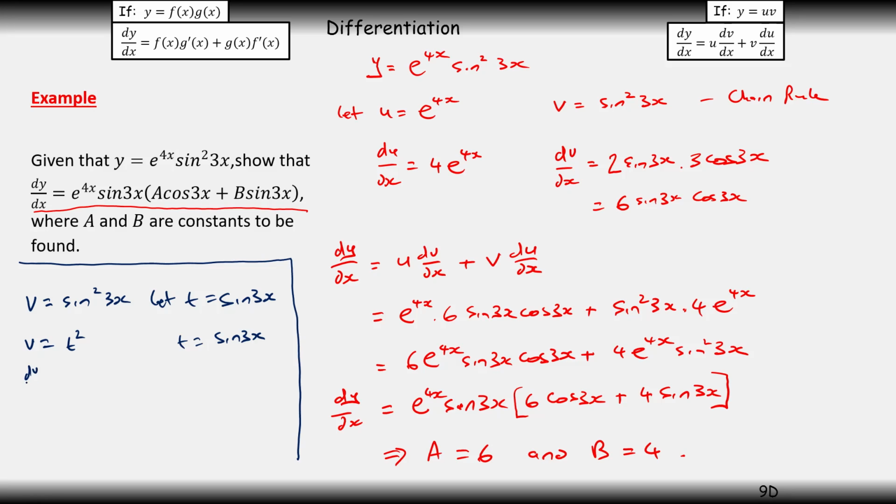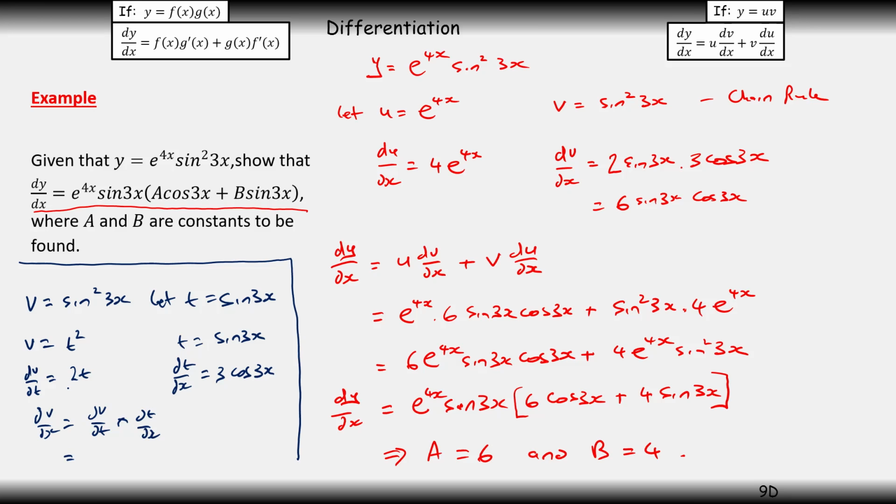Differentiating v with respect to t is equal to 2t. Differentiating t with respect to x is 3 cos 3x. And so by chain rule, v wants to differentiate with respect to x, dv over dx is equal to dv over dt times dt over dx.